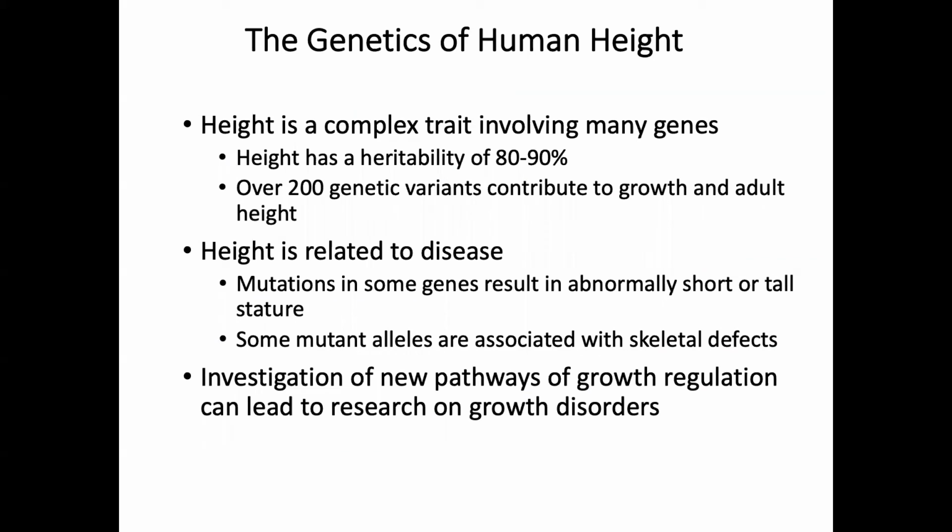The ways to identify these genes, or SNPs, include the GWAS we just learned, or looking into mutations in individuals with abnormal heights, either very short or very tall. Diseases with skeletal defects could give some clues as well.